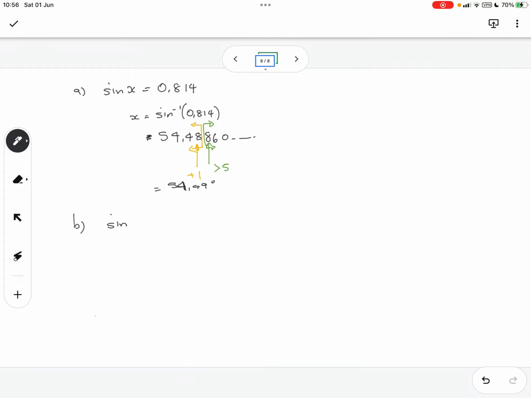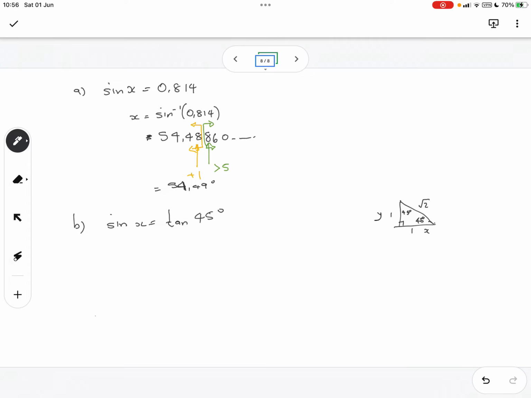The next one is sine of x equals tan of 45 degrees. Remember I mentioned a special triangle, one with a 45-degree angle. So 45-degree angle and 90. That would be 1, 1, and the hypotenuse is square root of 2, right?